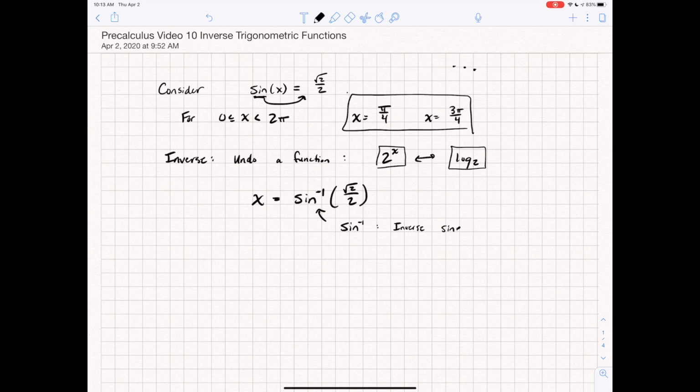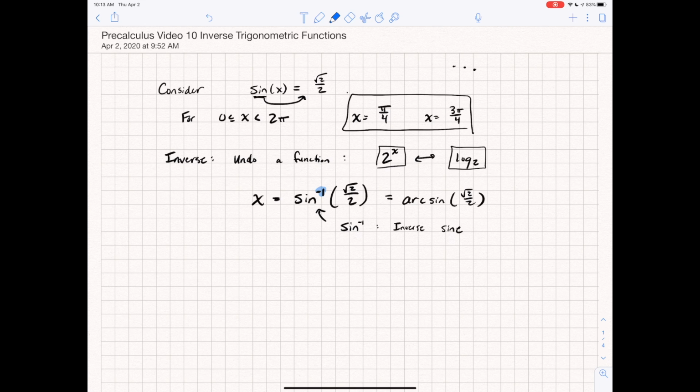Another equivalent way to rewrite this is to write it as arc sine. Anytime you see arc in front of a trig, that's also referring to inverse. It's a way to make sure that students and other people don't read this as a power. We're going to see some stuff next week where we might deal with something like sine squared, and in place of that -1 would be an actual power.